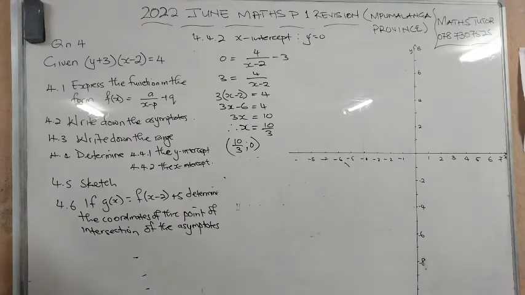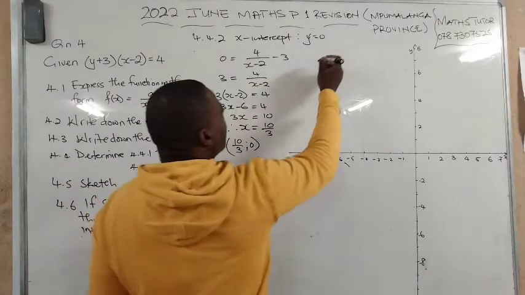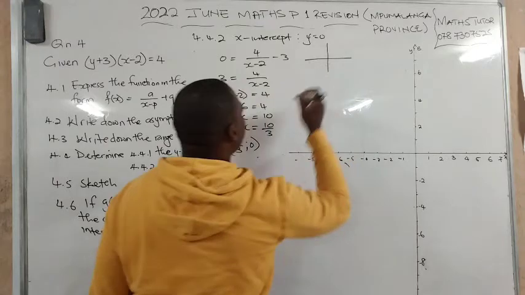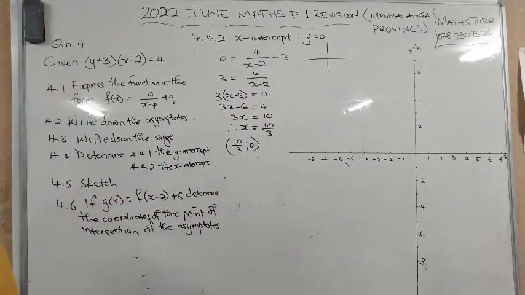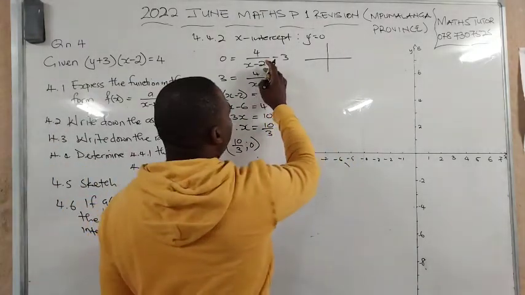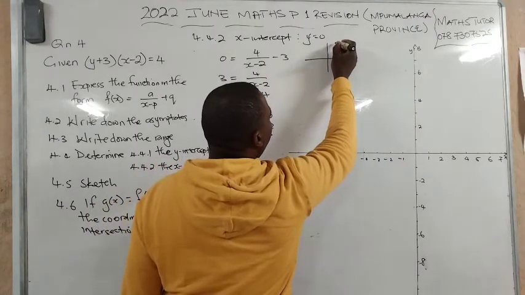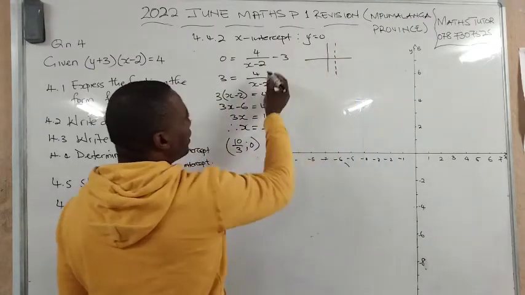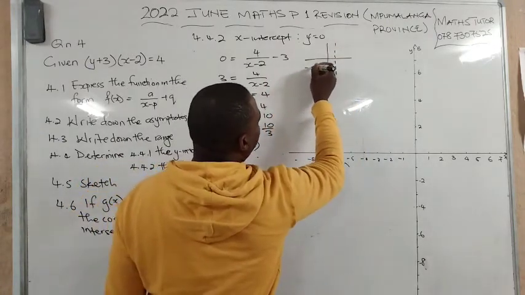Alright, then 4.5, we are being asked to sketch the graph. So at times it's good to have a rough sketch before you really do the graph. For the rough sketch, we have said the asymptotes are x is equal to 2 and y is equal to negative 3.